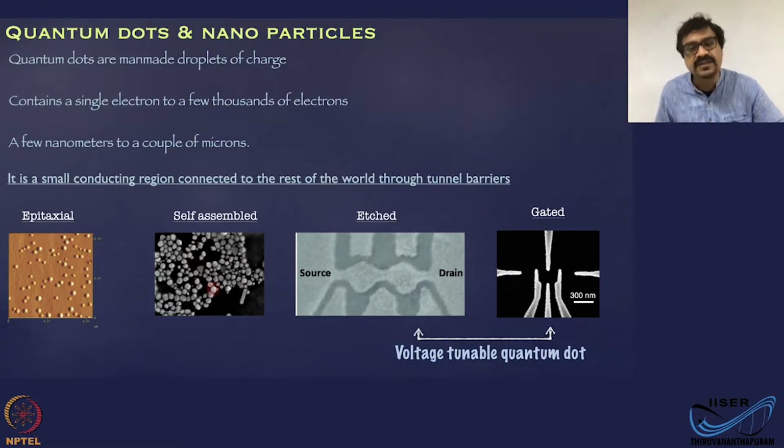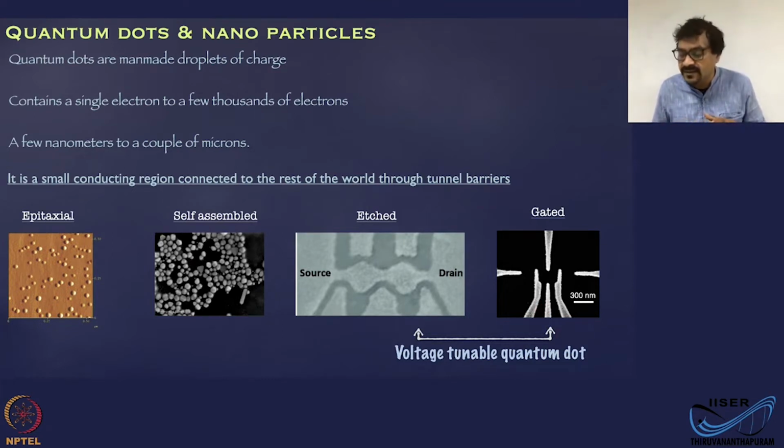Then there are self-assembled quantum dots, and there are etched quantum dots, where you define conducting regions by microfabrication techniques such as lithography, and then you remove the material wherever you don't want it and define conducting regions by etching.